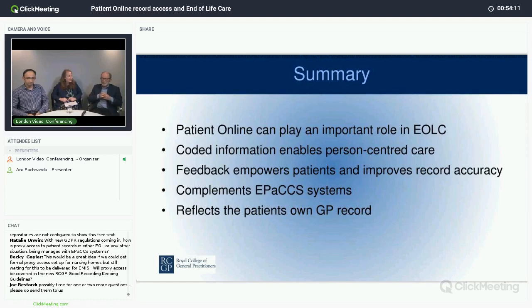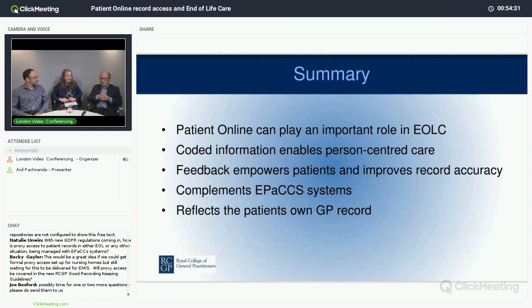If you wish, some practices will do that, some won't, and I think a lot of that comes down to how you feel about the way you as a practice have recorded data. People in the past have added free text to read codes that goes way beyond the read code, and that data is very difficult to audit.